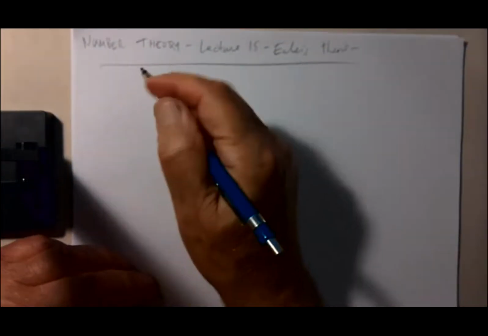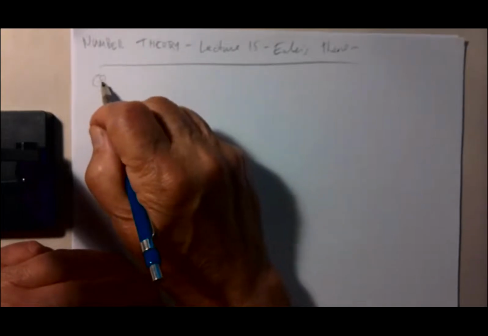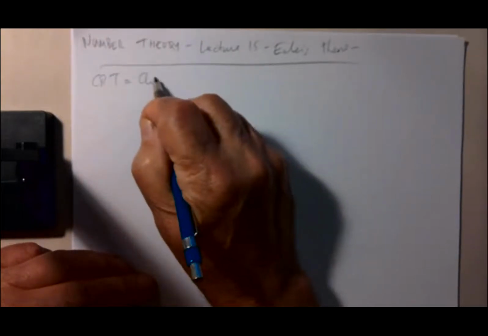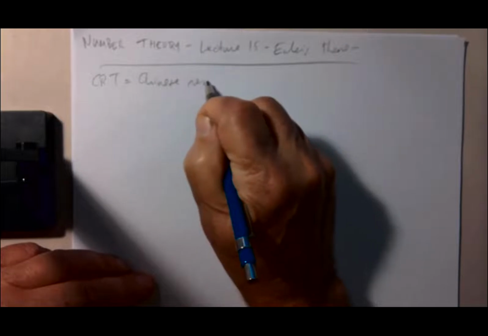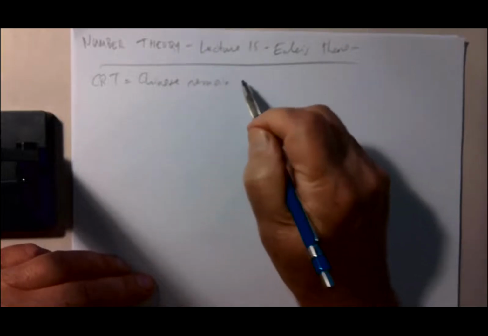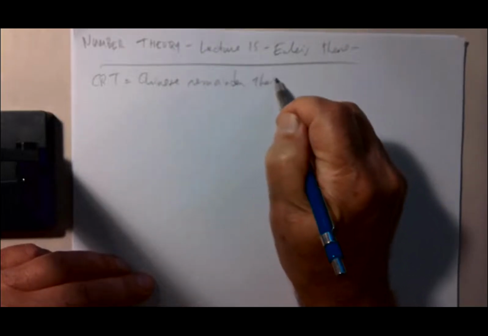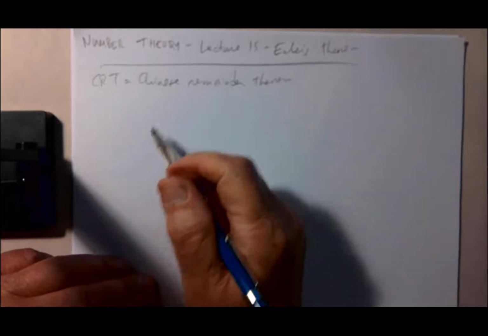So there are two forms of the Chinese remainder theorem, CRT.